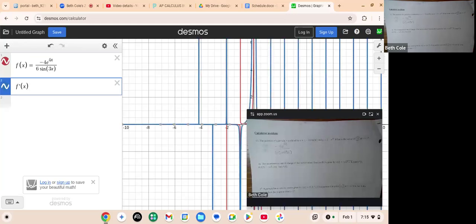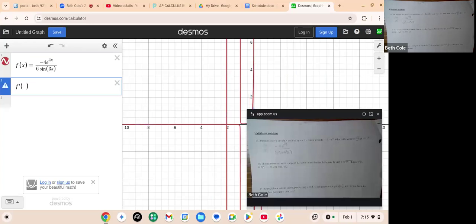Oh, wait, what did we want to plug in? There was a number, wasn't there? 1. We want to plug in 1. Now, here's the thing, and I guarantee that's one of the wrong answers. You have to do that derivative of your derivative, but then you have to divide by dx dt again. That's what makes it like feet per second per second. So we're going to divide by this part again.